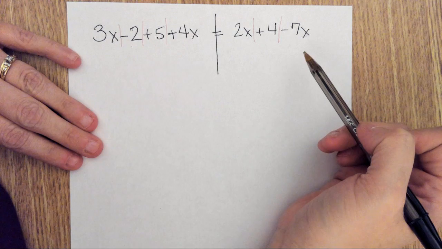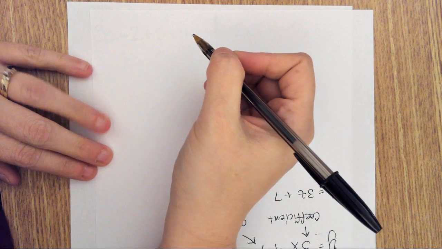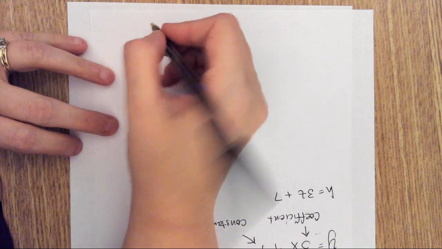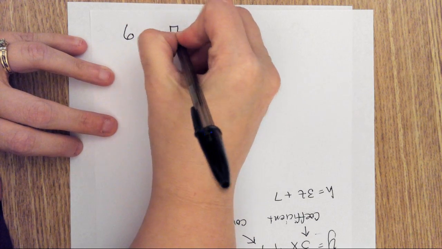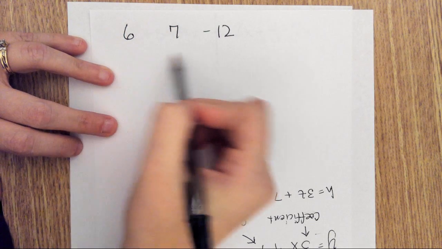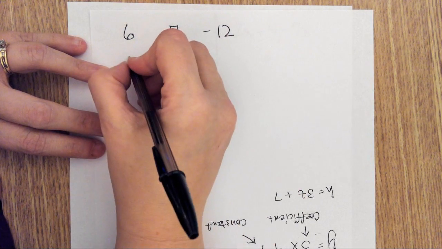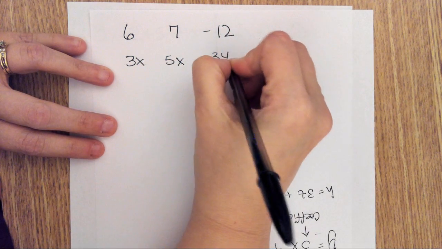I'm going to start combining the things that are alike. We also talked about the fact that in order for two things to be considered alike, everything after the coefficient has to be the same. So they either have to be constants, like 6, 7, negative 12, those are like terms because they're all constants. Or you could have 3x, 5x, negative 34x.